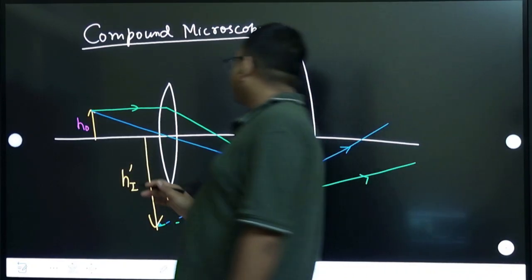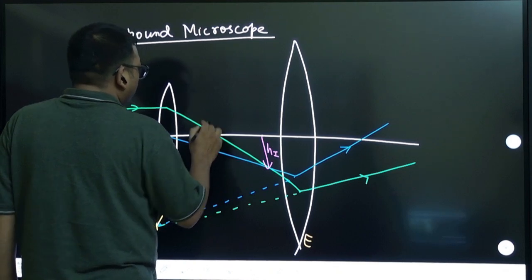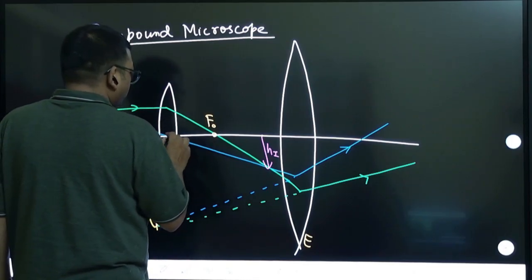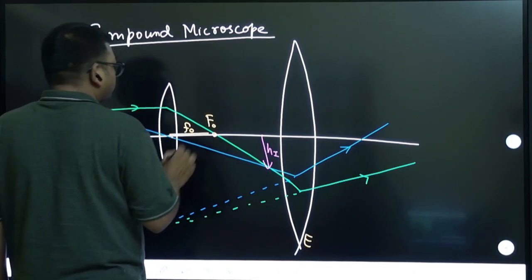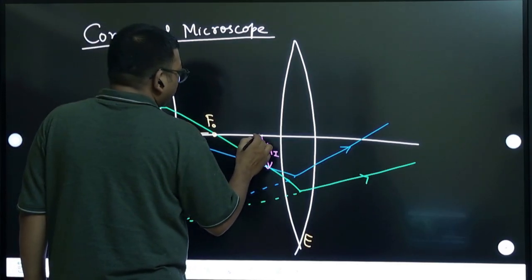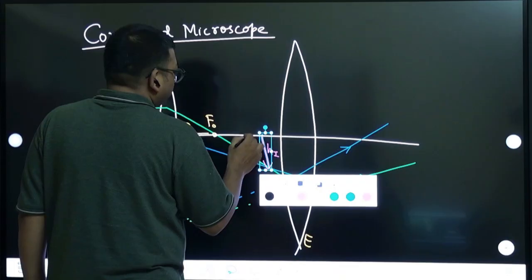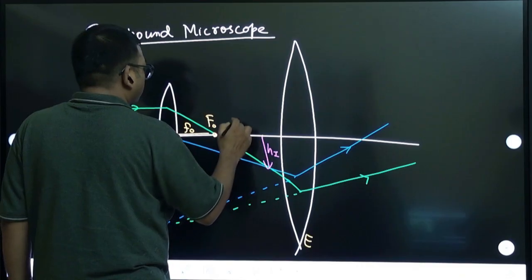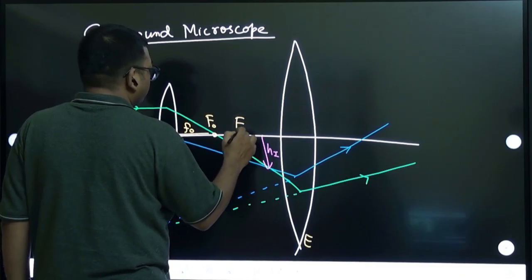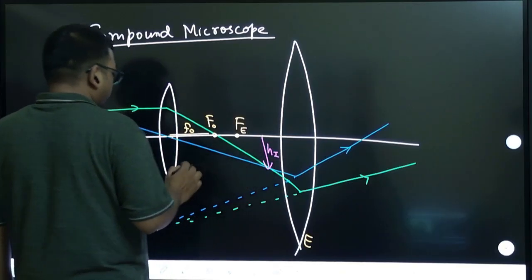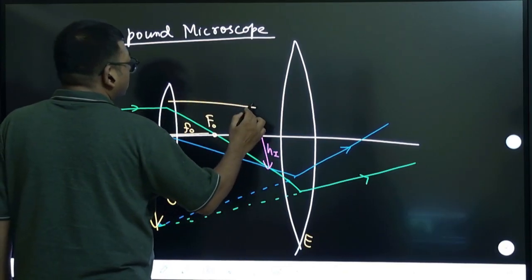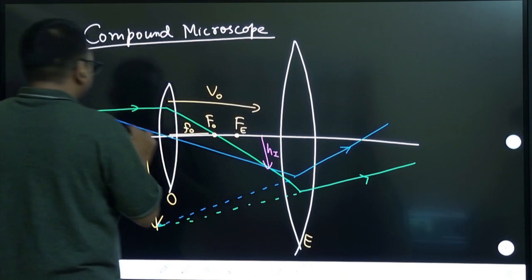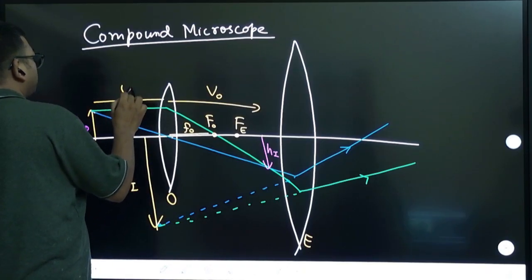So this is how it is working. Here of course note that this point is the focus of the objective and this is the focal length F O. Now this image is formed here, within the focus of the eyepiece. This is the important thing to note. So this is the image distance V objective. This is U objective.